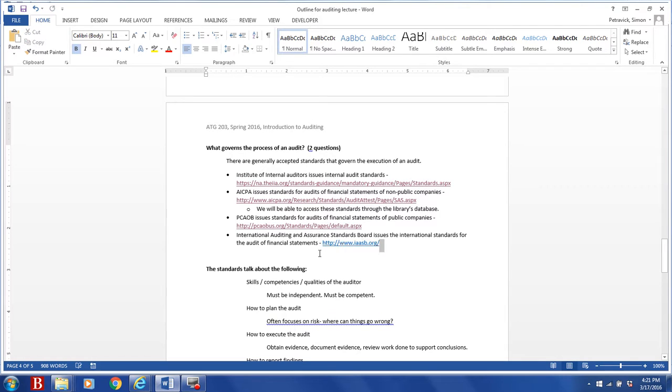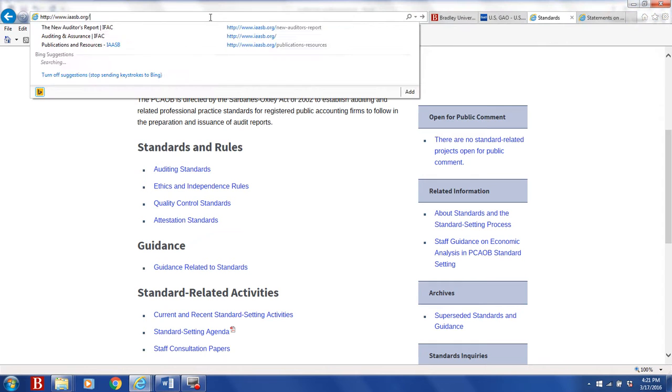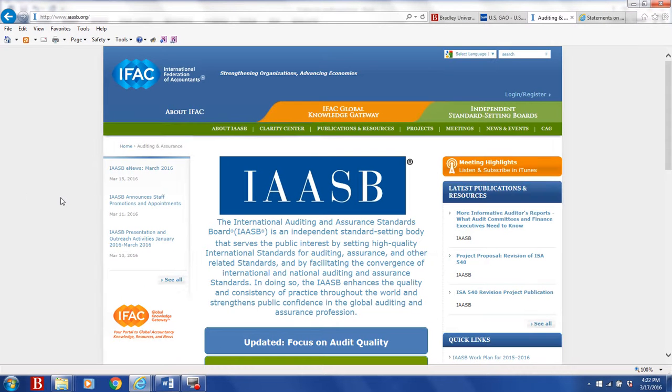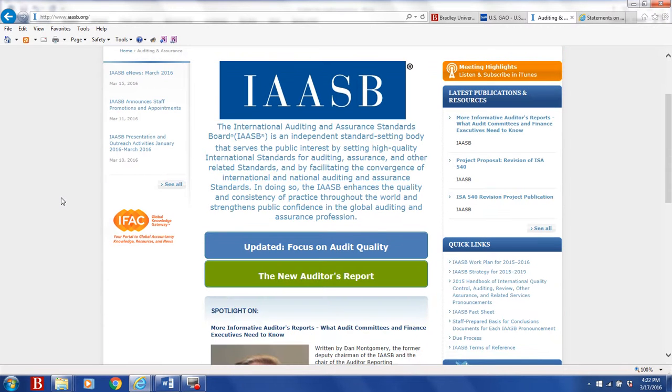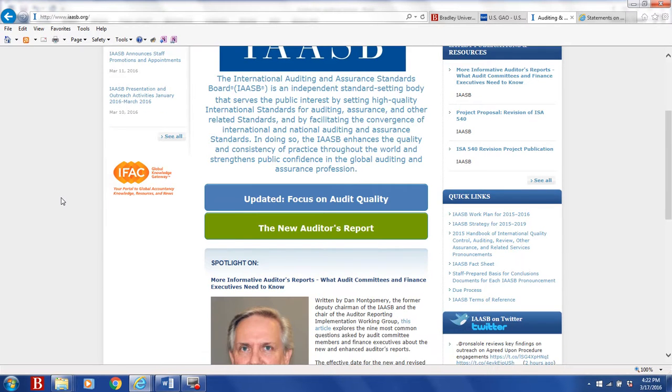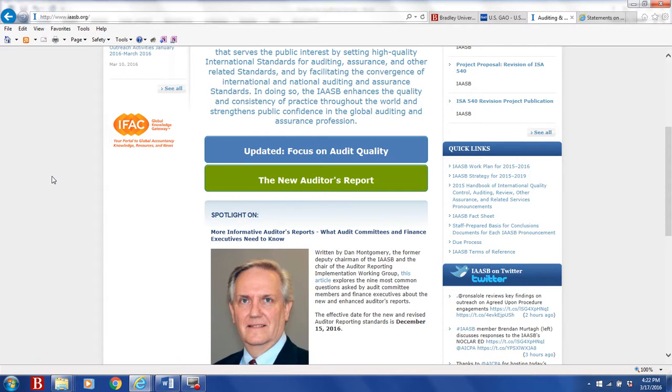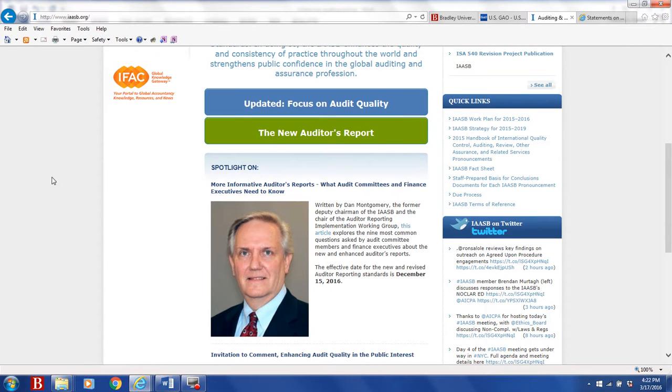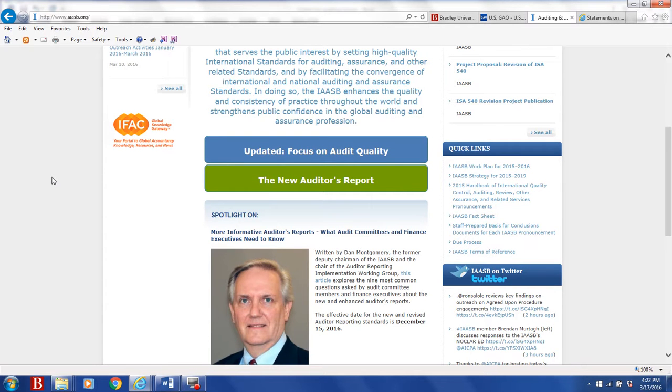And then the last list, since audits are done around the world, and there are many countries that do not have their own body to write auditing standards, there is an international organization that writes auditing standards, and they're available for countries to adopt. And I guess the goal is that the auditing standards, just like the accounting standards used around the world, can eventually become consistent, and then as business and commerce is being conducted, it's a lot simpler when the reporting and auditing is all done in one format.